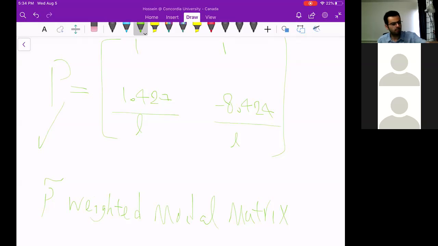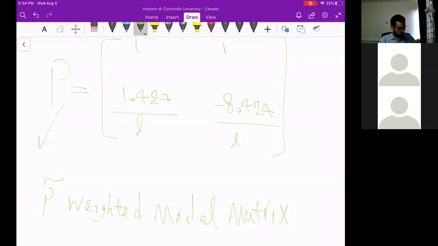Modal matrix diagonalizes stiffness, 6.3, validation, 6.17.